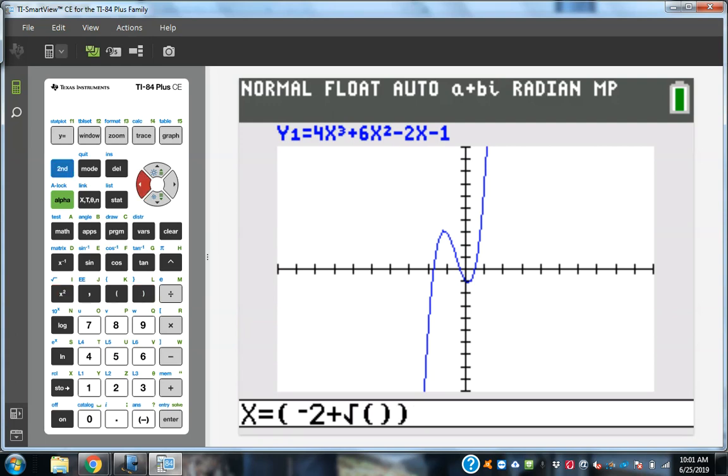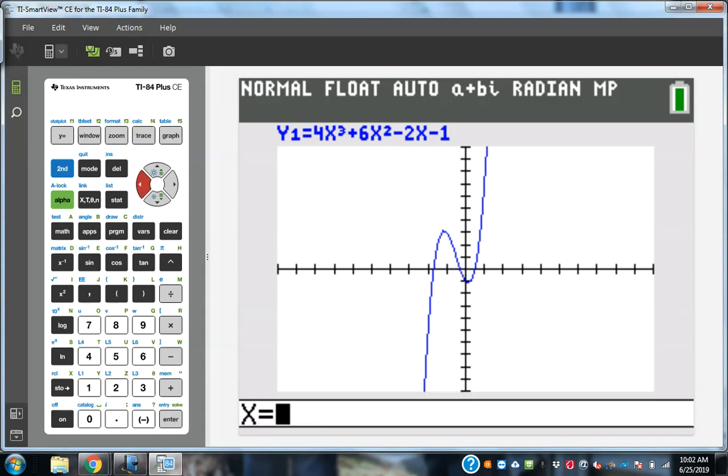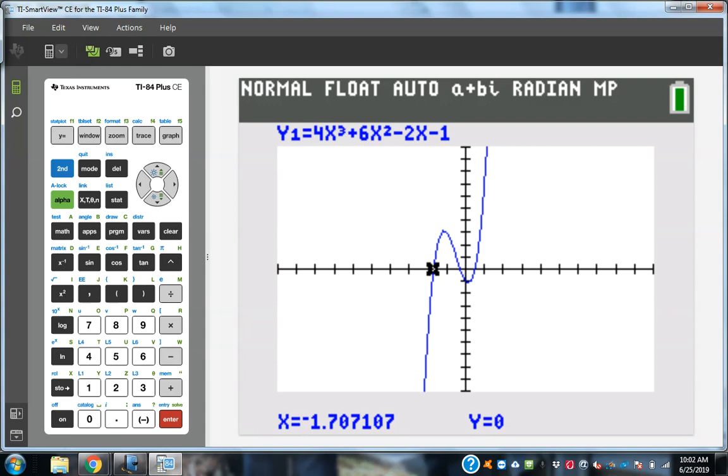Oops, put my 2 in there. Over 2. There's that one. And then trace parentheses, negative 2 minus the square root of 2 over 2. And there's the other one. So we're verifying those with the graph. That's going to be handy as we kind of transition into the next thing.